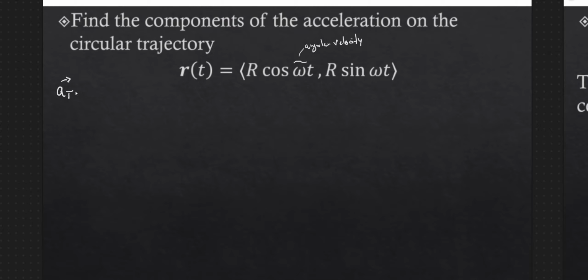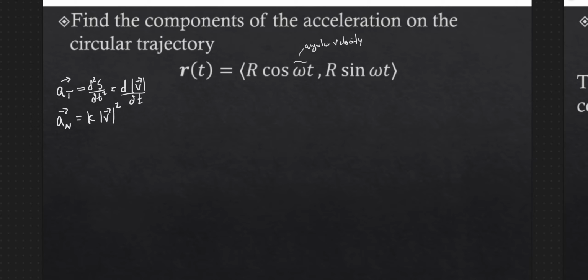And so I know that this has something to do with speed. In particular, it's the second derivative of the arc length function with respect to time, which is the derivative of the speed function with respect to time. And then the normal component is curvature times velocity squared, or rather speed squared.